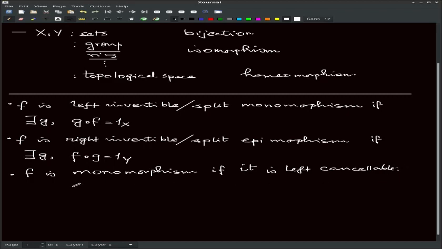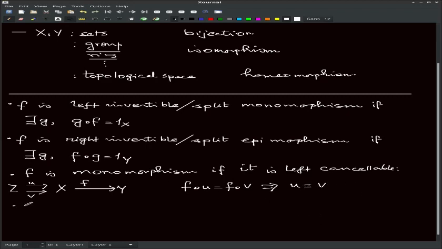It means that you have this F and you have two further morphisms, U and V, to some Z, such that F composed U is equal to F composed V. Whenever you have this, it implies that U is equal to V.